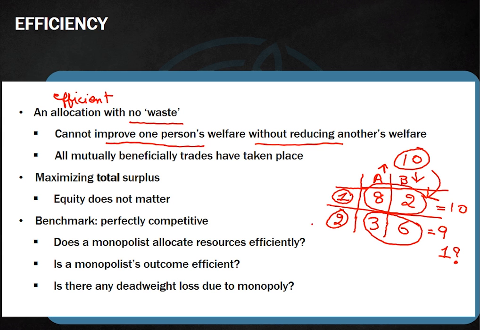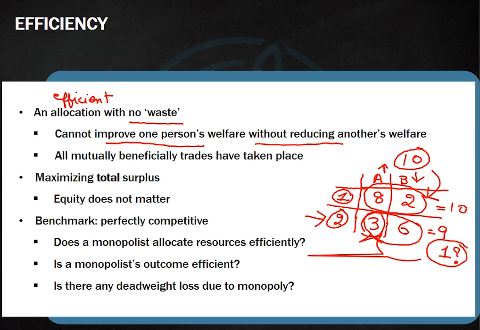However, in this allocation, that's not true. If I want to improve A's welfare, I can give him this 1 rupee which is not being used. It's still with me, and I can give it to this person without hurting person B.